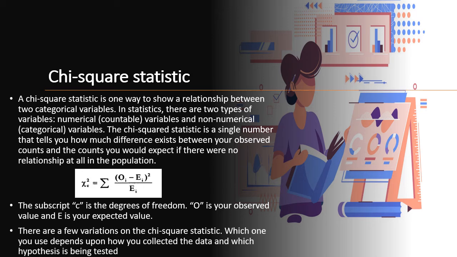There are a few variations on the chi-square statistic. Which one we use depends on the type of data we are collecting and what hypothesis we are testing. As you can see, now we have modified our previous formula into a new one. Here you can see the upper limit and the lower limit for the data that we are computing.